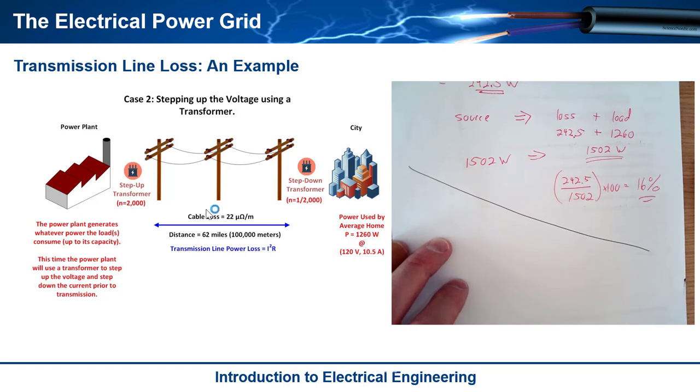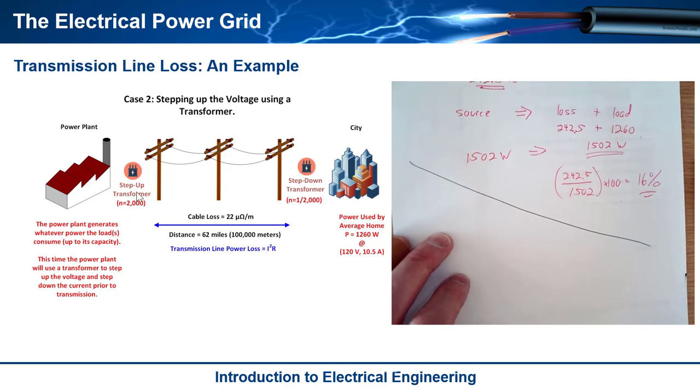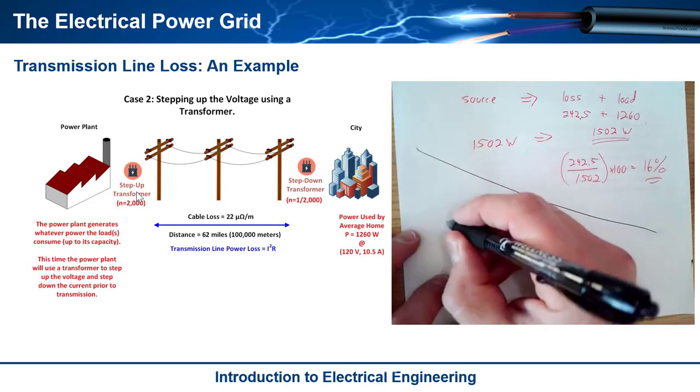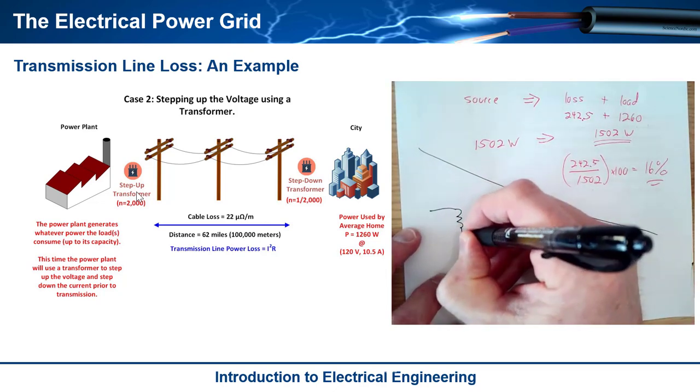But now we step up the voltage and in turn step down the current by a factor of 2,000, which is your turn ratio. Then we'll step down once we get to the end. Let's remember our transformer here.